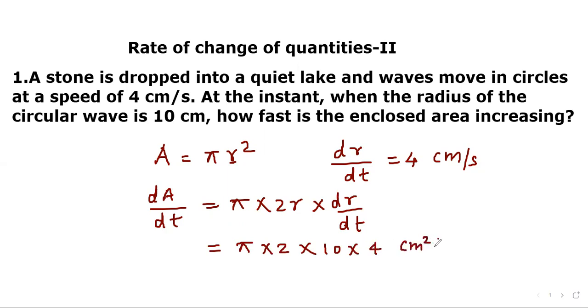The unit will be cm squared per second. So it will be equal to 80 pi centimeter squared per second.